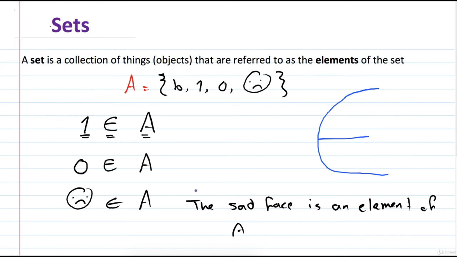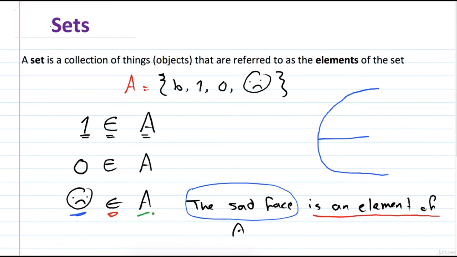The sad face is an element of A. You can represent 1, 2, 3, 4, 5, 6, 7 words and 1 letter into 3 symbols. Very, very easy.